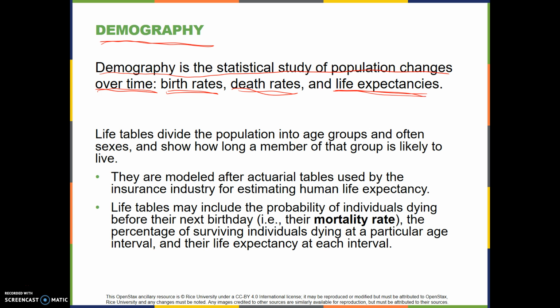Down at the bottom, life tables may include the probability of individuals dying before their next birthday, which is their mortality rate. The percentage of surviving individuals dying at a particular age interval. So you may be looking at how many are dying at age 50 versus how many are dying at 80, and their life expectancy at each interval.